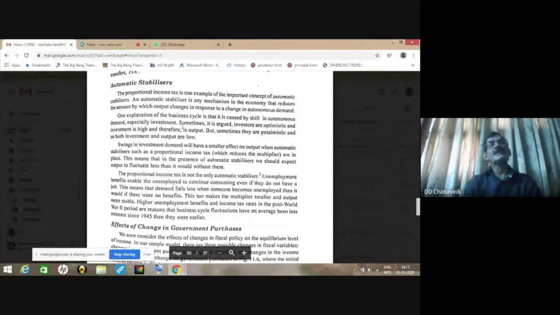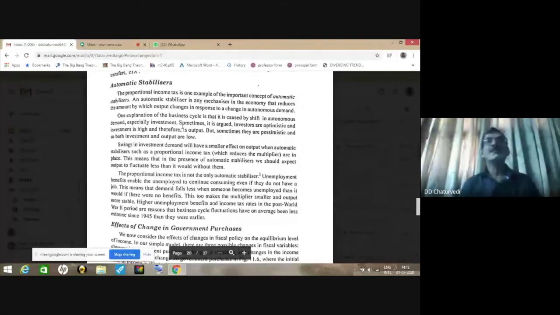So we can say automatic stabilizer is a mechanism that reduces the output in response to change in the autonomous demand. So well students, in this case, the demand, income and output is rising because of more income.